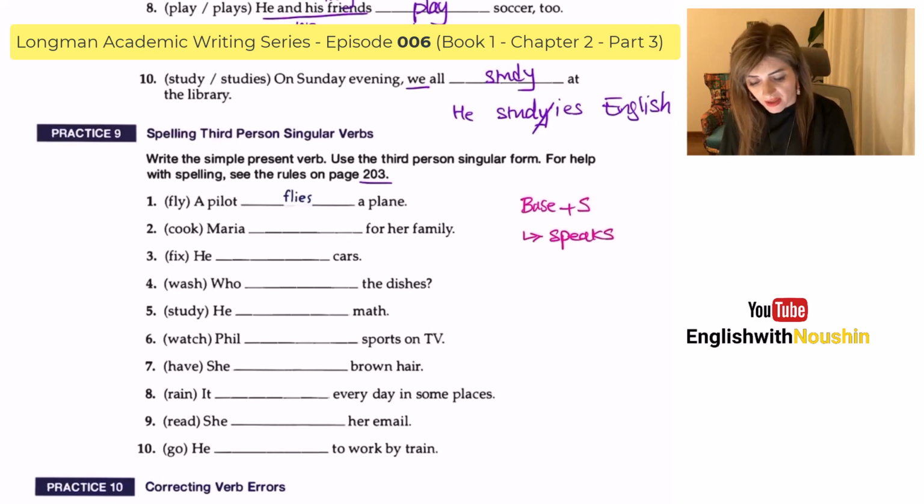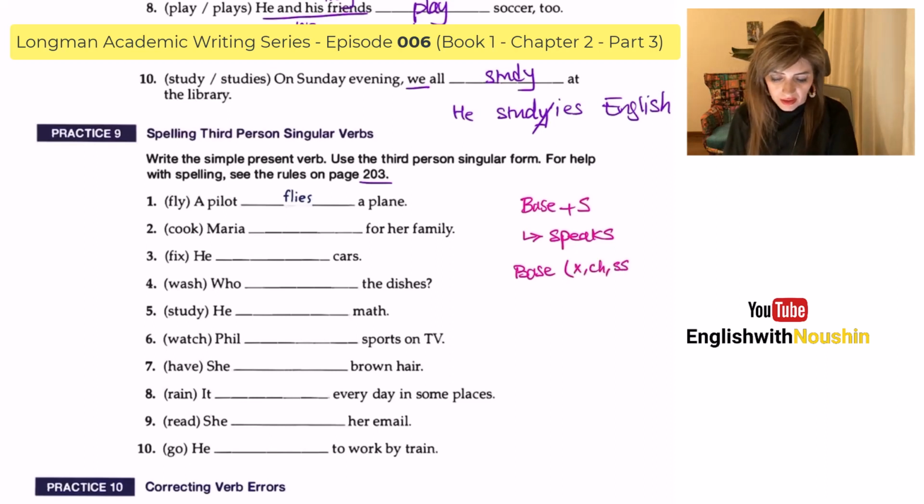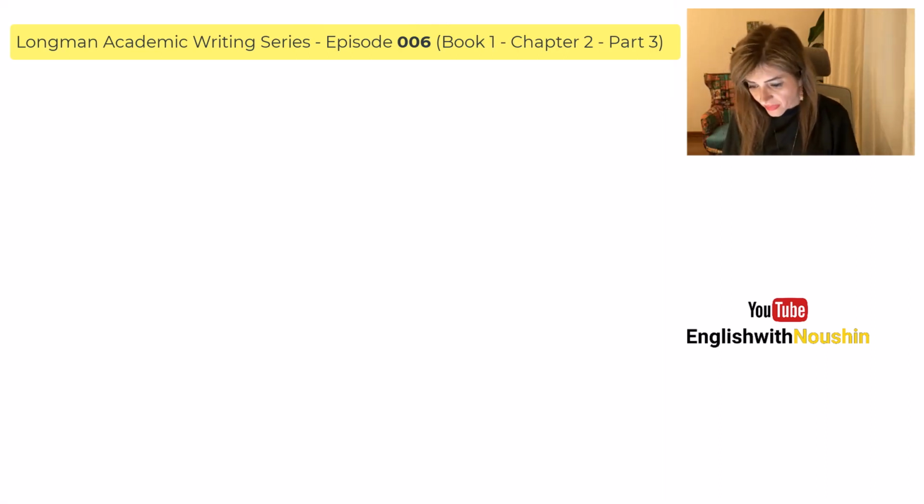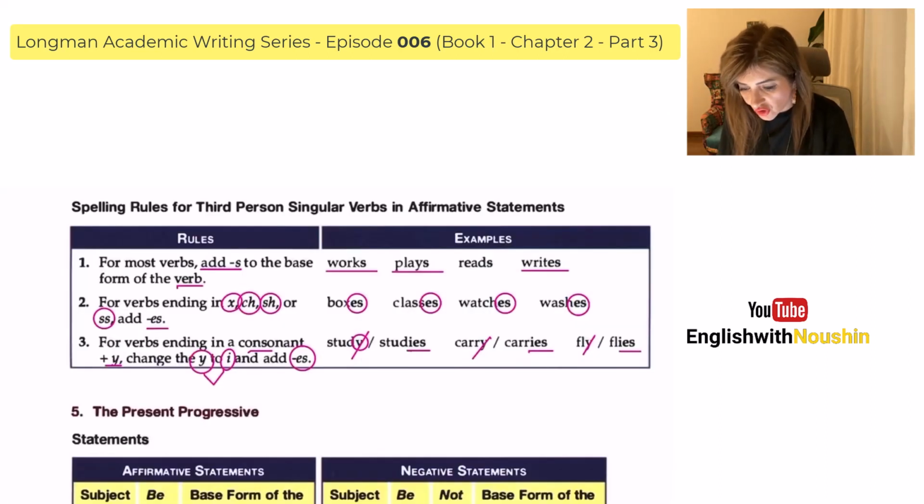Then we had, if your base ends in one of the letters X, SH, SS, and what else did we have? Let's take a look again. X, SH, double S or CH.